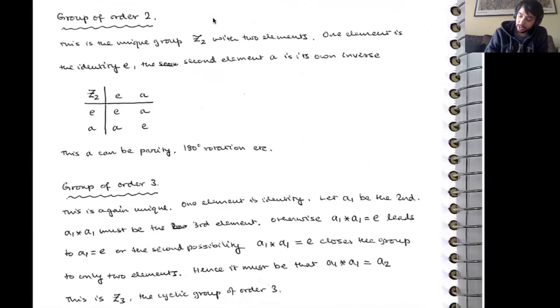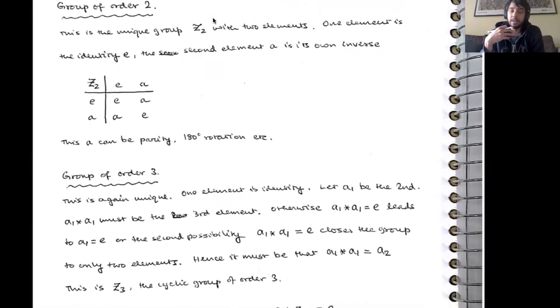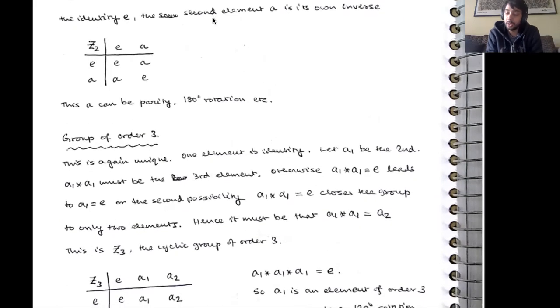Now let's do a bit more. Let's think about a group of order 3. This is again going to be unique. One element is going to be the identity, and let A1 be the second element. A1 cross A1 has to be the third element.